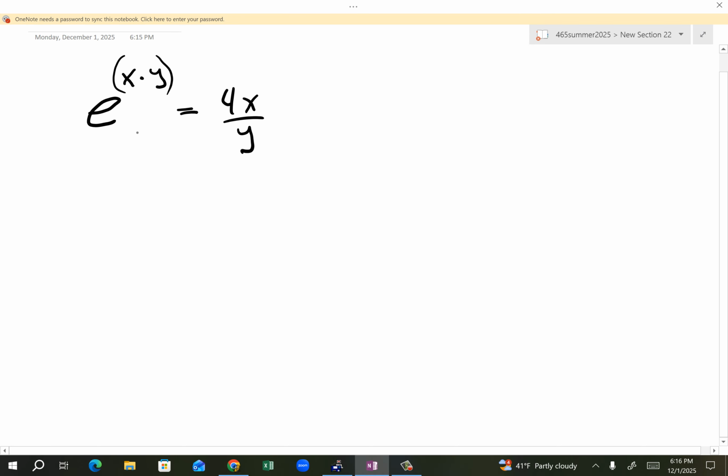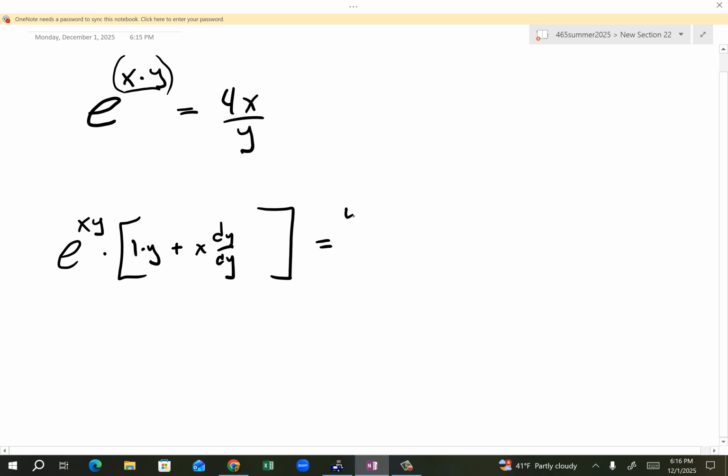So this is a chain rule up in here, yes? What's the derivative of e to the x? Well, it's e to the x times the derivative of this guy. But that is a product rule because y is implied to be a function of x. So it's going to be 1 times y plus x dy/dx is equal to, now that's a quotient rule, right?